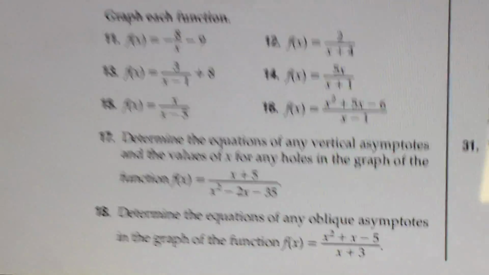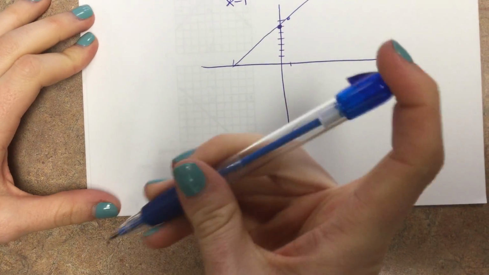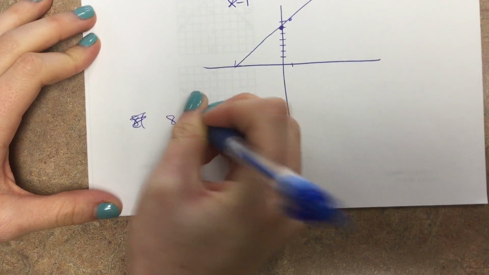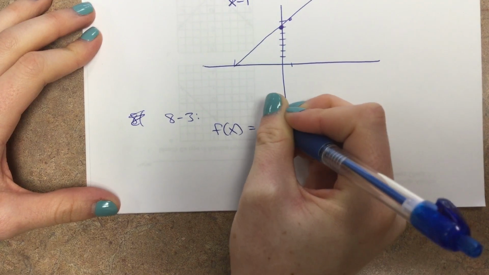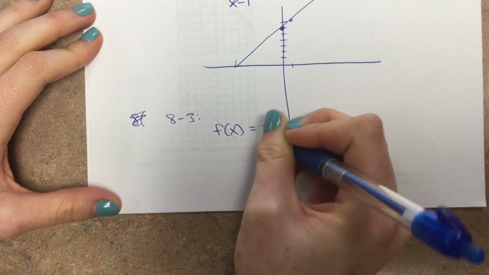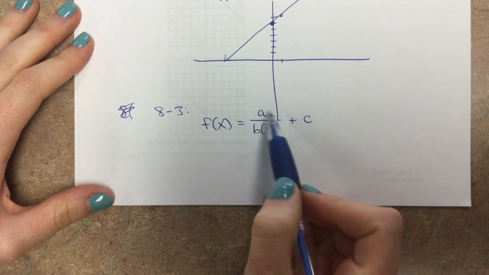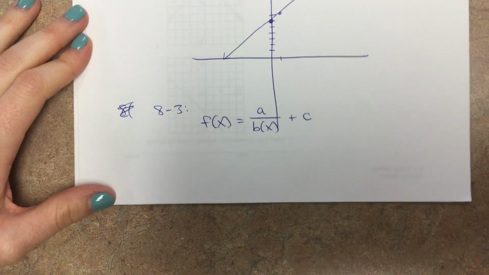And the way I defined those, so 8-3, we called those reciprocal functions. So they look like this. They had just some number, so let's call that number a, and then over b of x, and then there was usually some sort of constant at the end like that. So just a number, a linear factor down here, and then some sort of constant on the side.